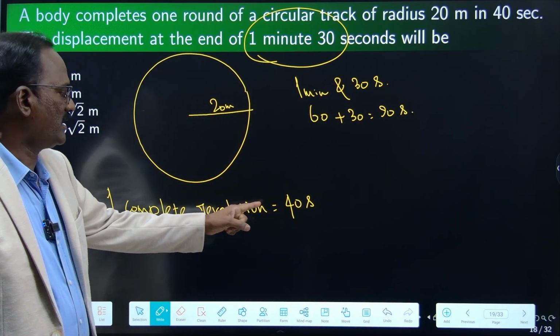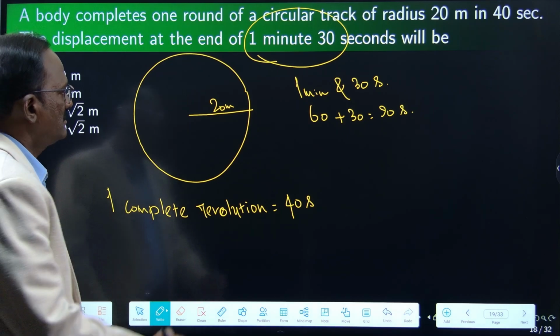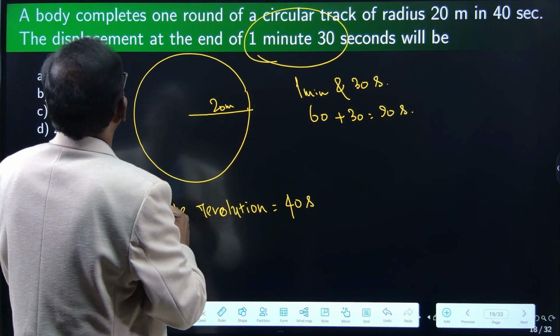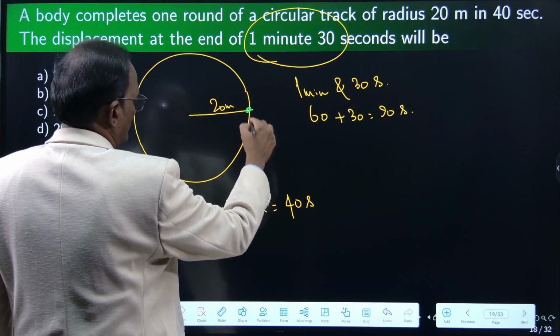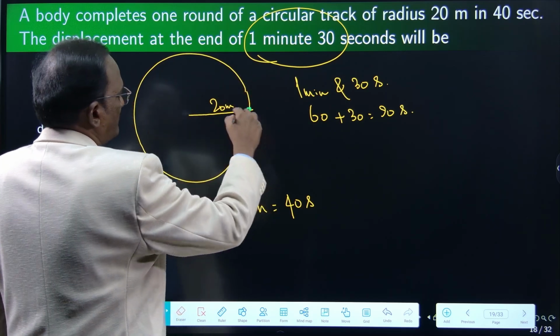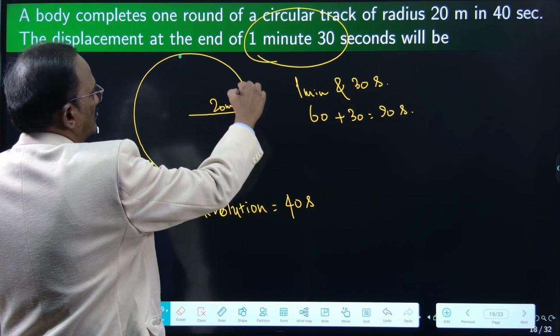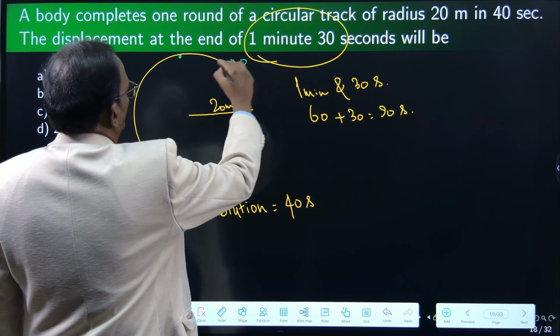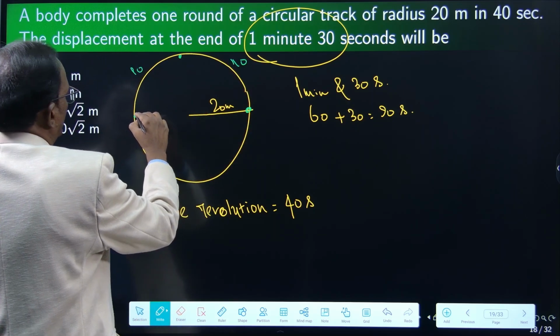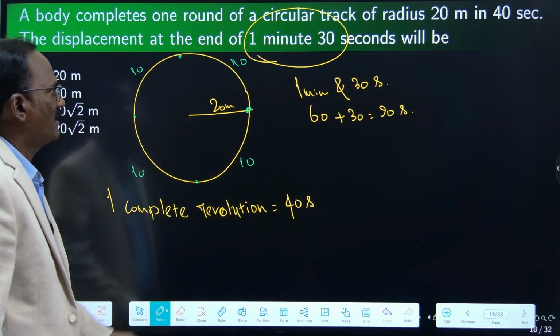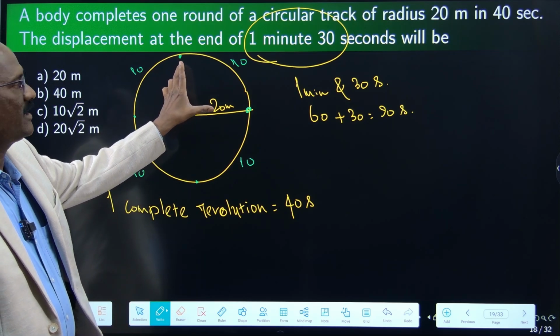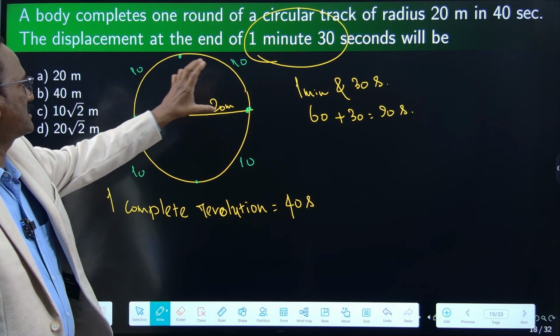So to complete one revolution takes 40 seconds. Assume the body is starting from here: first 40, then second 40, then this is 10 seconds. To cover one quarter circle takes 10 seconds.